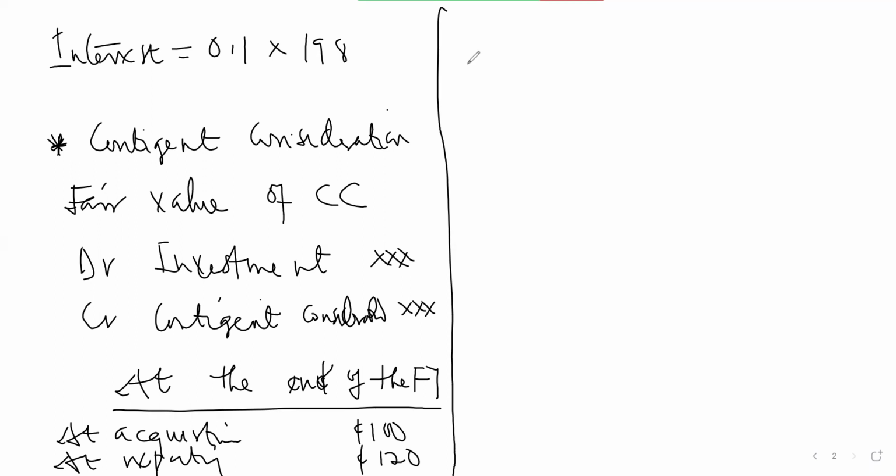It will be treated in the books of the parent because it's the parent that is going to be paying these amounts. But if you are not doing profit or loss, then you have to take it to the parent retained earnings. You have to take it from the parent retained earnings, and that will be the group retained earnings. If it is a decrease, that will be a gain to the parent, and to be treated as a fair value gain. That is about the contingent consideration.